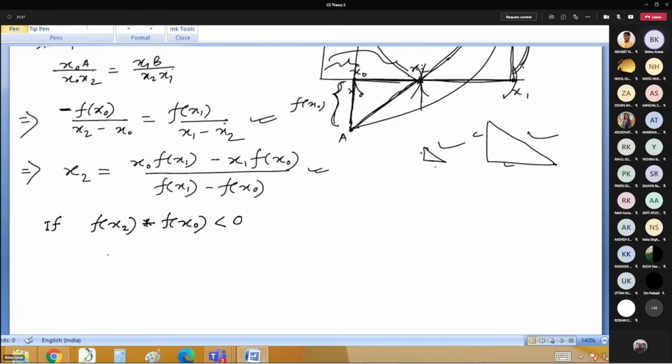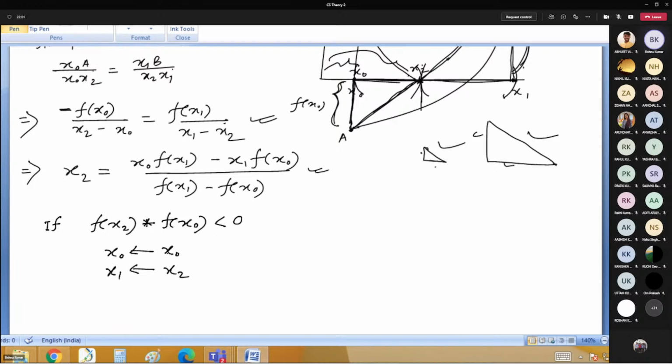For that purpose, you keep the lower boundary point unchanged, simply x0 will be unchanged, but the x2 you got will replace the upper boundary. Whatever x2 you got, that will replace our upper boundary.